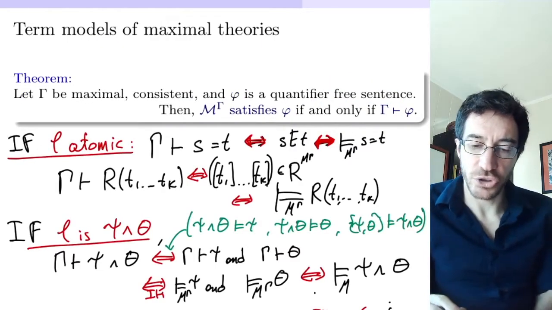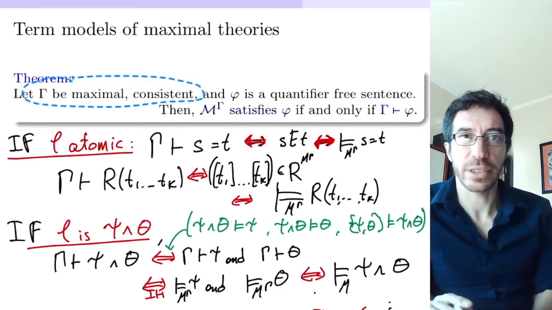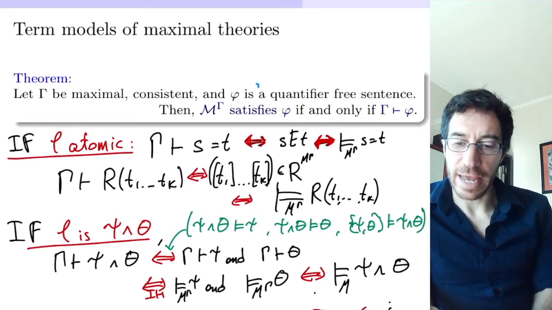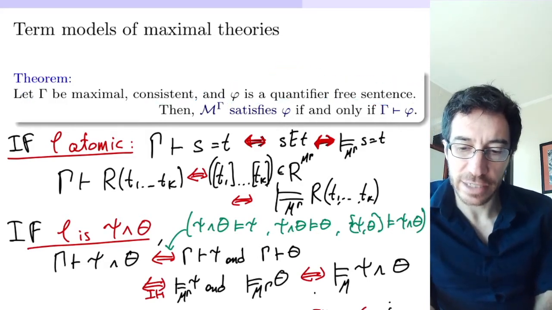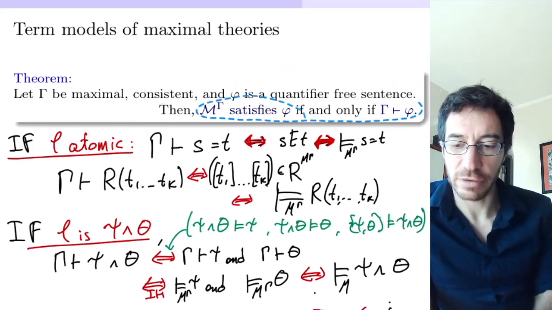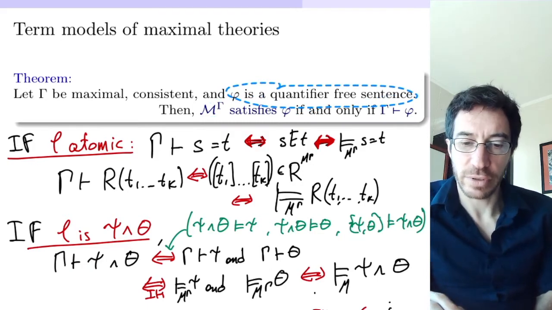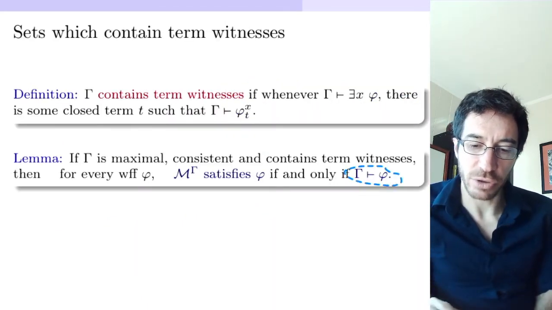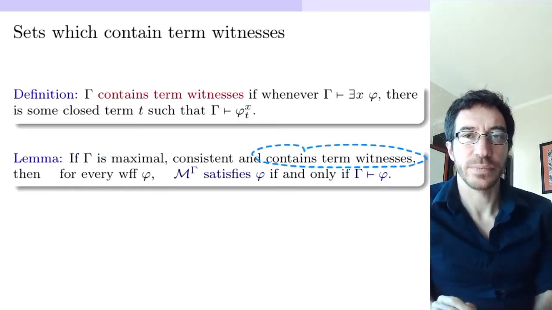Last week, we showed that if gamma is maximal and consistent, but we didn't say anything about term witnesses, and phi is quantifier free, so it contains no quantifiers, then it is true in the model if and only if it's provable. So we didn't have term witnesses, but we restricted ourselves to quantifier free formulas. Now we want all formulas, but we are imposing the condition that gamma has to contain term witnesses.